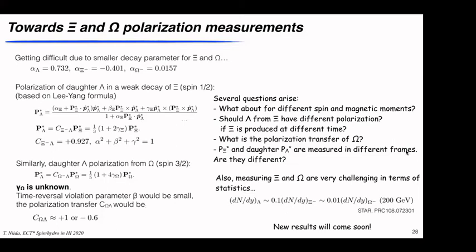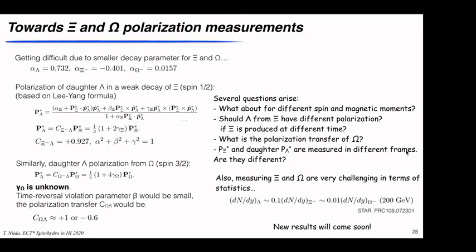But the relation, which is written in the Lee-Yang formula on this slide, those vectors, P lambda star and P psi star, are measured in their respective rest frames. Namely, P star lambda is the polarization in the lambda rest frame, and P star psi is the polarization vector in the psi rest frame. The same is the formula we quoted in the paper.